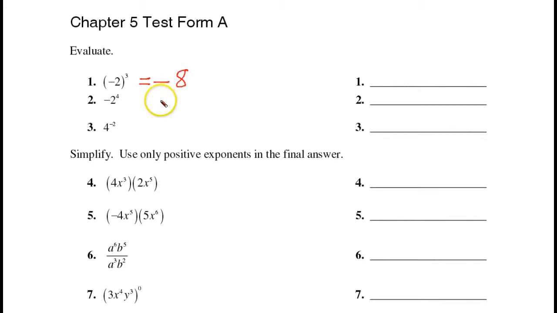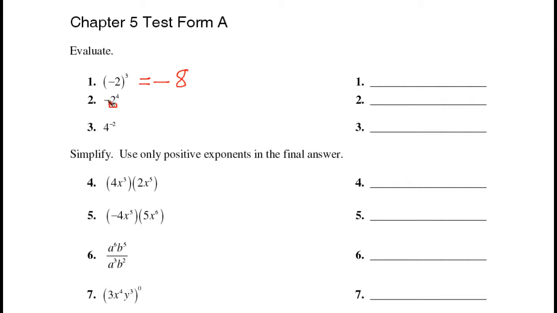negative 8. Now, if you're using your calculator for this, you have to put the base in parentheses to get that negative sign included. Because as we look at number 2, this is to an even power, but our base is only the 2.